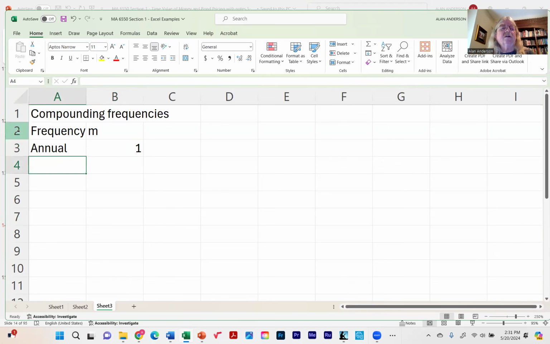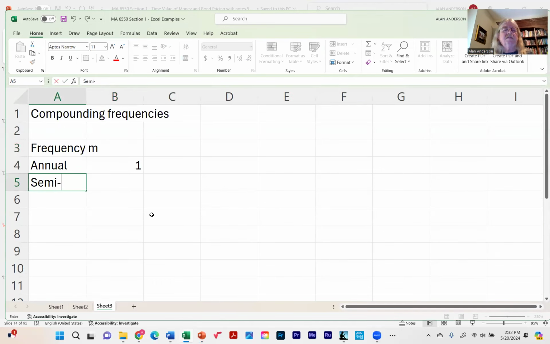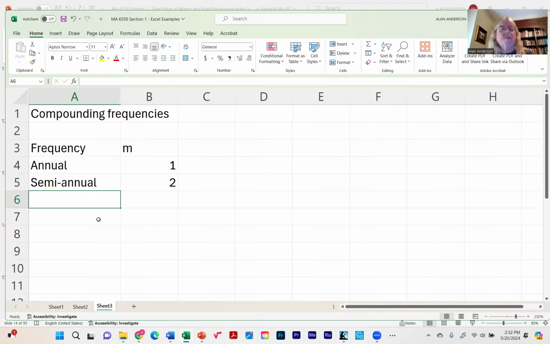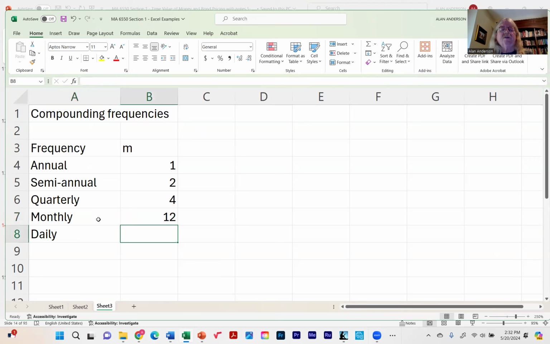Annual means once a year. Semi-annual means twice a year. Quarterly, of course, means 4 times a year. Monthly means 12, and daily is 365. Those are the only ones you're likely to run into in practice. Anything else is not likely. It's rare. These are the standard ones. It turns out that this affects the present and future value of the sum.